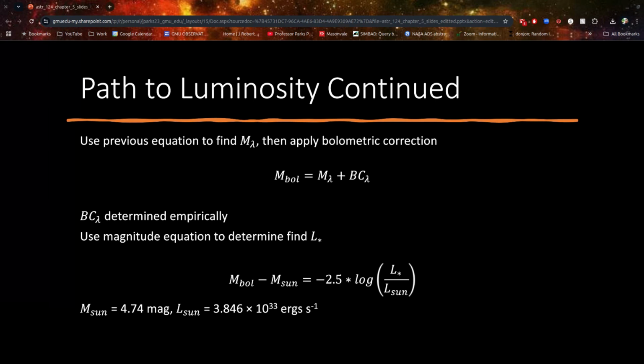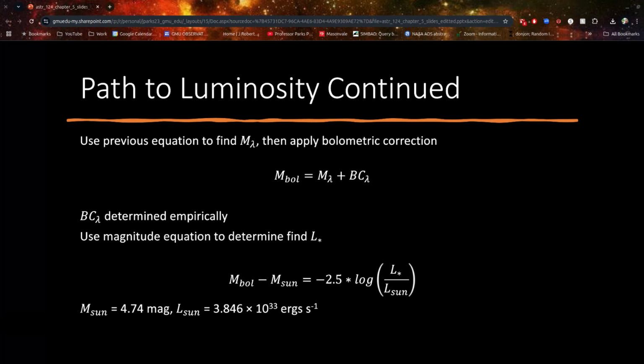The bolometric magnitude is equal to the magnitude at a particular wavelength plus a bolometric correction. Again, this is generally speaking determined empirically. You know what the energy is for a particular type of star. You know how much energy you're getting in, say, the V band of the optical, and so you can compare those two particular values, and then you can use a correction to convert from one to the other.